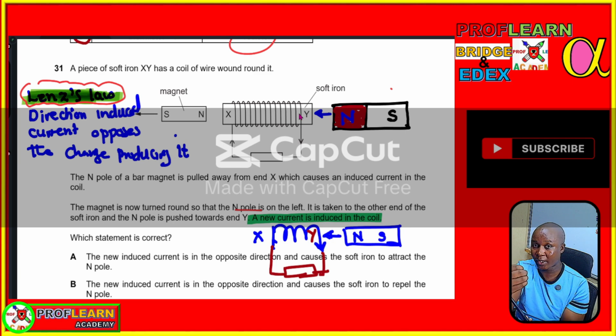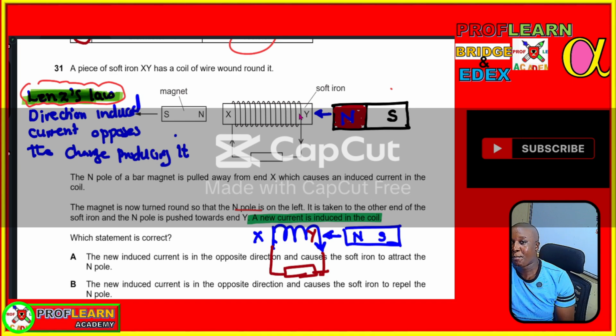The thumb is usually the north pole when you use the right hand grip rule. These fingers tell you the direction of the current, and the thumb tells you the direction of the field. The north pole is on this side, so it is going to oppose the north pole of the magnet.